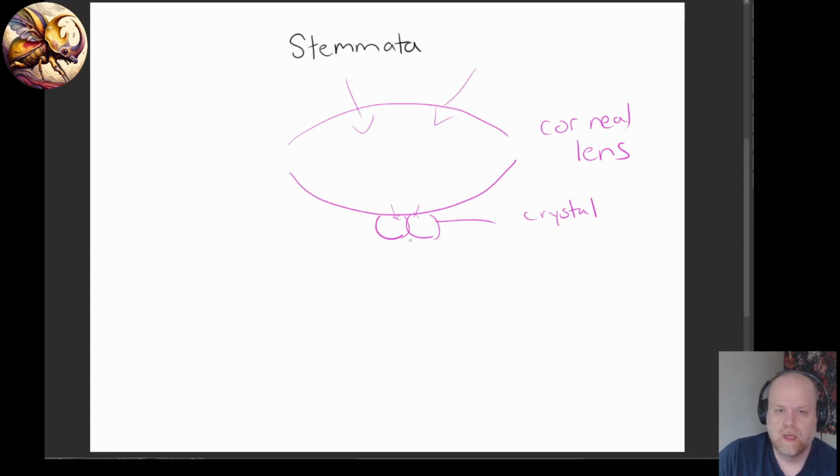And below that, you have the photoreceptive structure. Let's turn this to black, called the rhabdome. Black is the rhabdome, and this is actually where the light strikes. It comes in and strikes the rhabdome through the lenses.